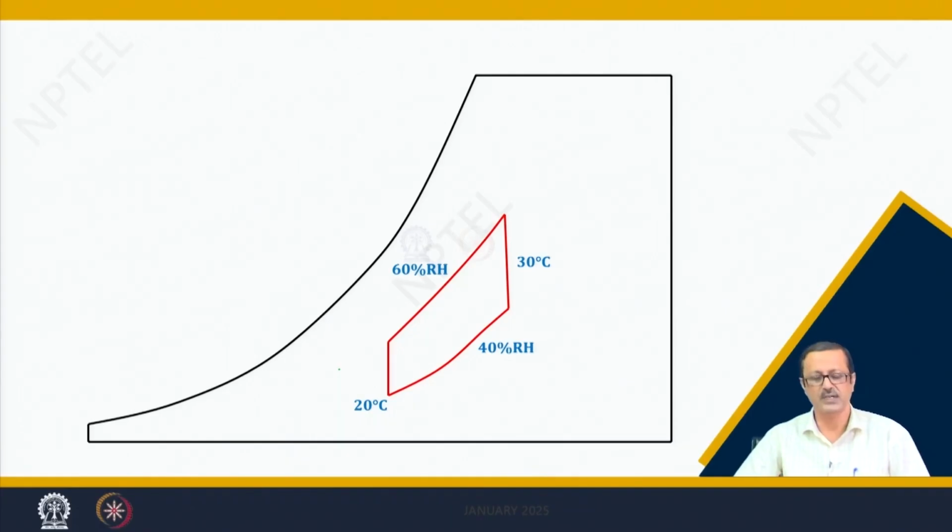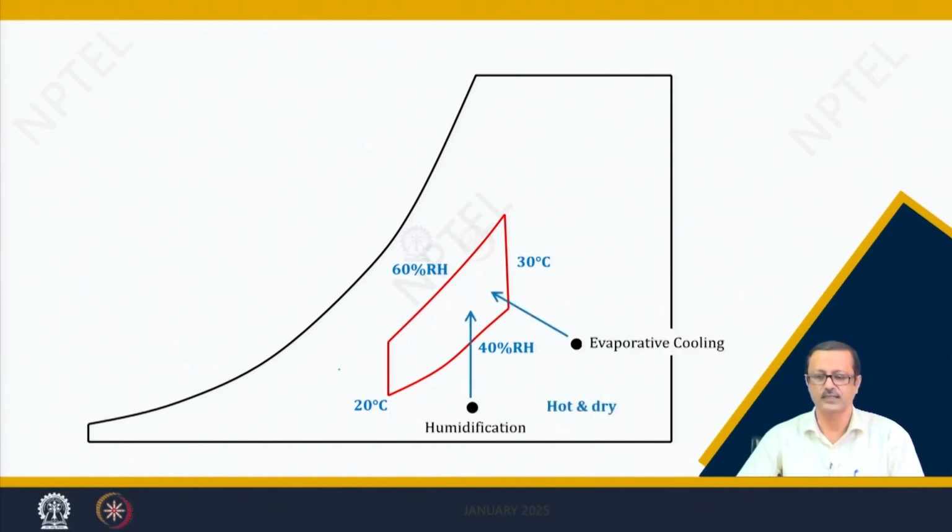There can be n number of situations or causes which may create some kind of discomfort. So, let us take the first point: if it is hot and dry, the temperature is more than 30 and the humidity is very low, lower than the 40% RH line. I have considered two such points.